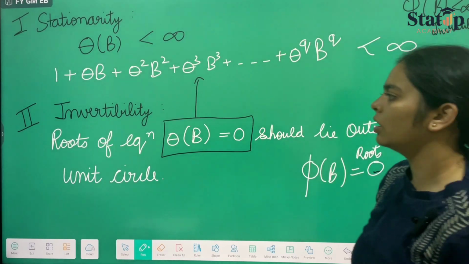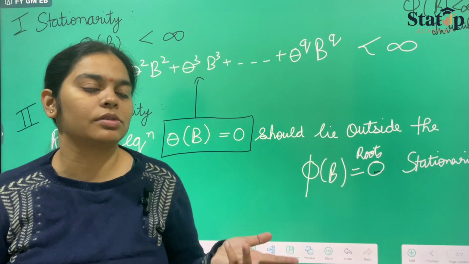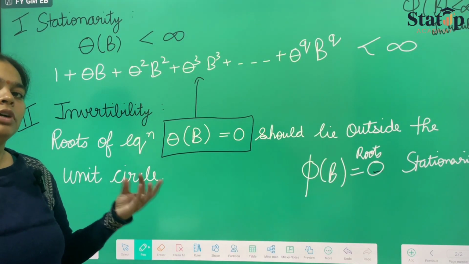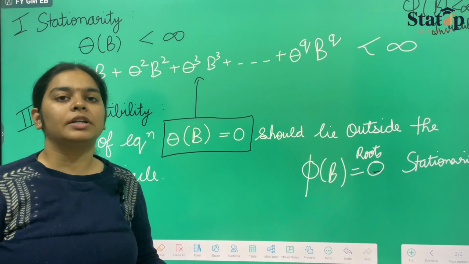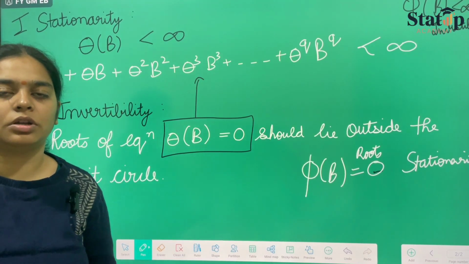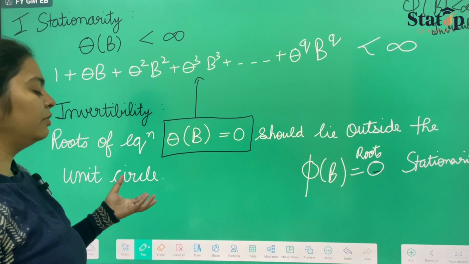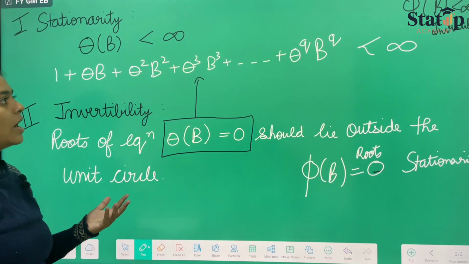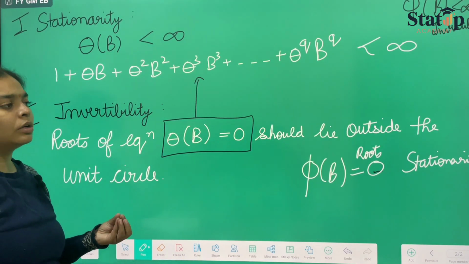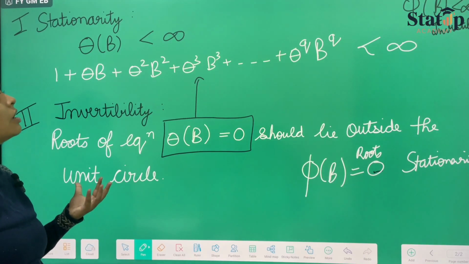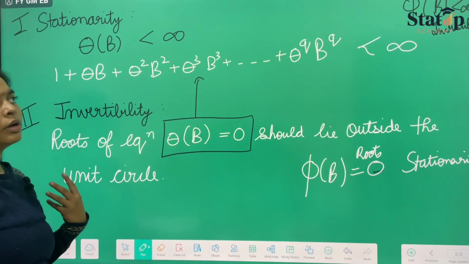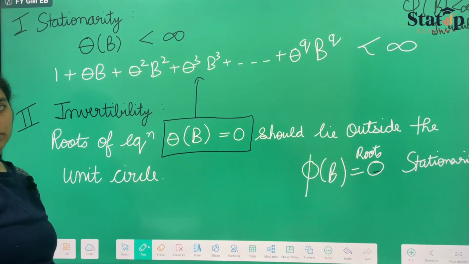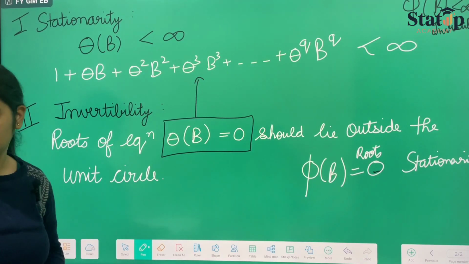So these were the reverse of both of them. If we want to find the invertibility function of the moving average, it is the stationarity requirement of the autoregressive model. And if we want to find the stationarity function of the moving average, it is equal to the invertibility function of the autoregressive series. So this was it.